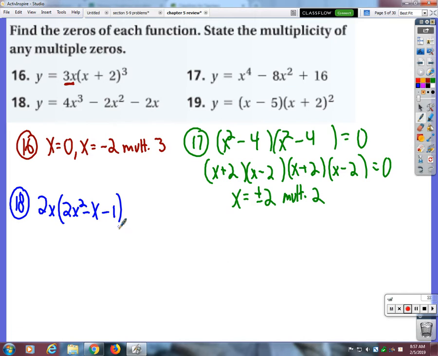Alright? The bad news now is that we have 2 in front of this whole thing. And so that kind of makes the next factoring step a bit of a mess. What has to go in front to make this be 2x squared? x and 2x. x times x is only x squared, and I need 2x squared, so that means I need to do a 2x and an x. Okay?